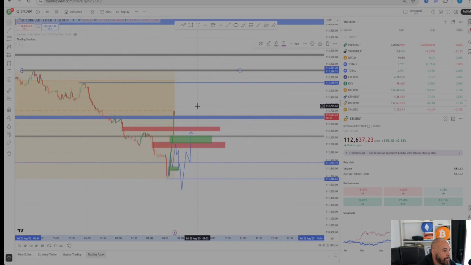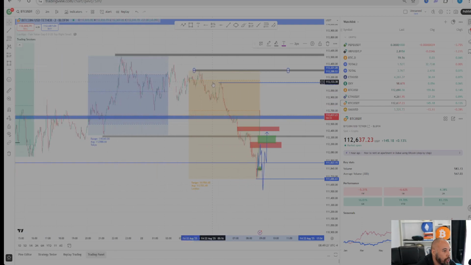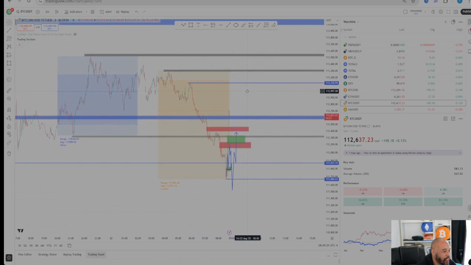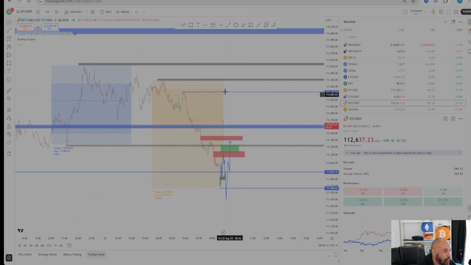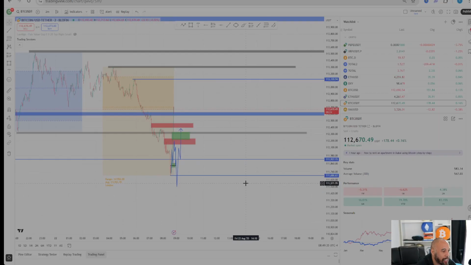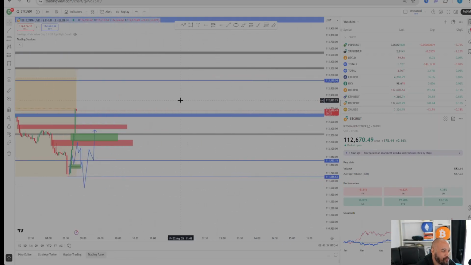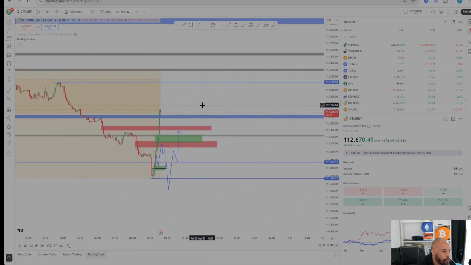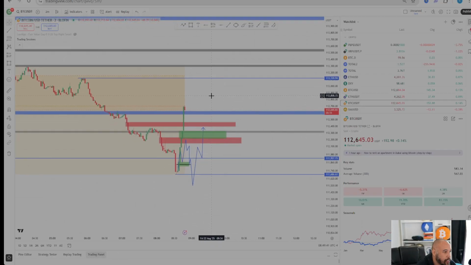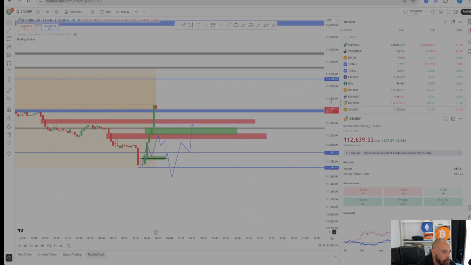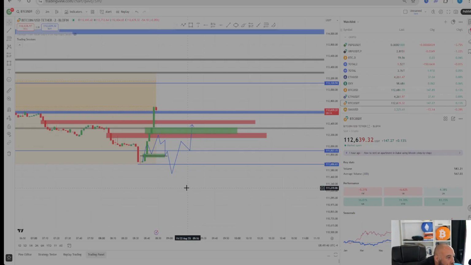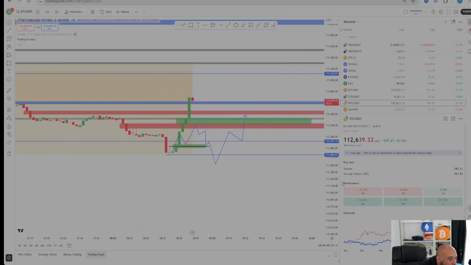We could potentially now take out London high, which London doesn't really finish yet, so you can't really say taking out London's high. Well, we could take out Tokyo's high and just max pain back down. But I doubt it. To be fair, I doubt it. Let's see what happens here. Let's see this reversal.